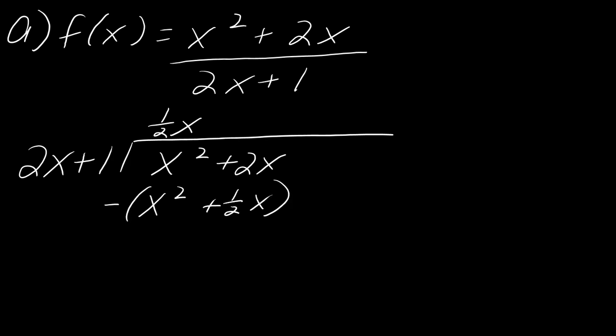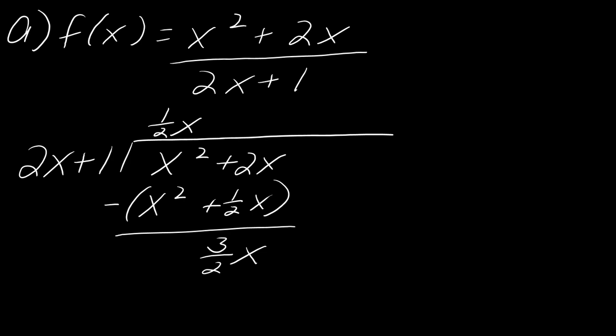Now I subtract this off. The x squareds drop out, so I've got 2x minus 1/2 x, which is going to give me 3 over 2x. I'm just going to leave it all in fractional form.